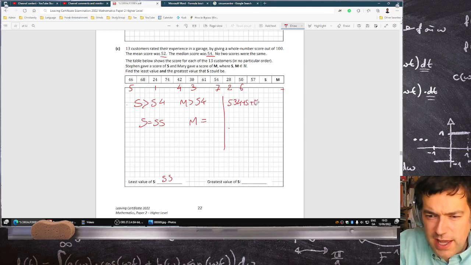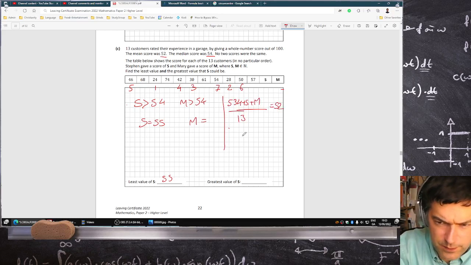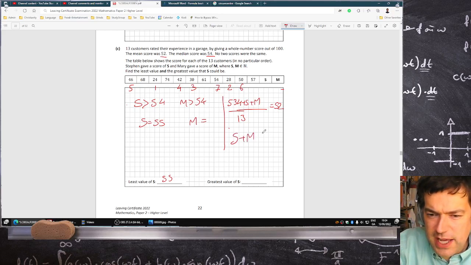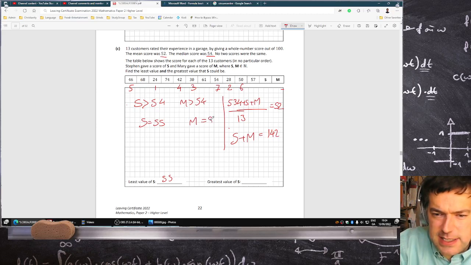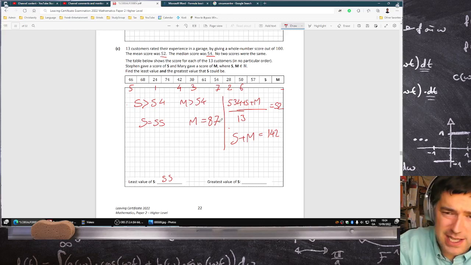Plus S plus M over 13 has to equal 52. So rearranging this, you get S plus M has to equal 142. So that means the M has to be 87. So when S is 55, M is 87.